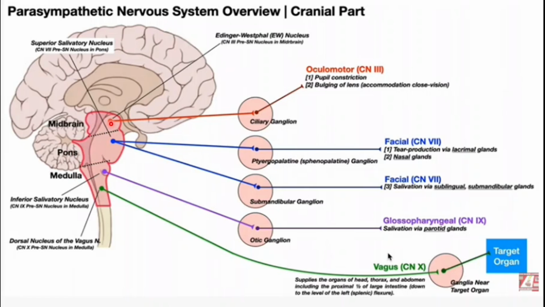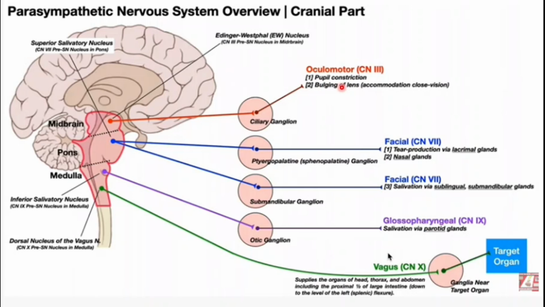These four cranial nerve nucleus reside in the brainstem, and they are activated by the parasympathetic division. These four cranial nerves are cranial nerve 3, cranial nerve 7, cranial nerve 9, and cranial nerve 10.